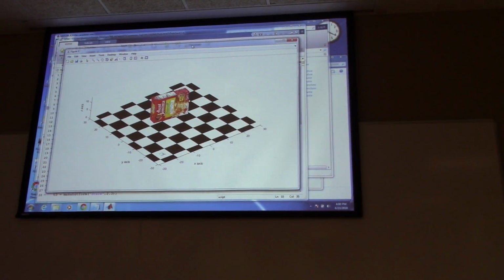Where does the image look wider and where does it look narrower? Okay, not quite right. This is not a perspective view. This is an orthographic view. To me, it has the illusion that it's getting narrower coming down that way.